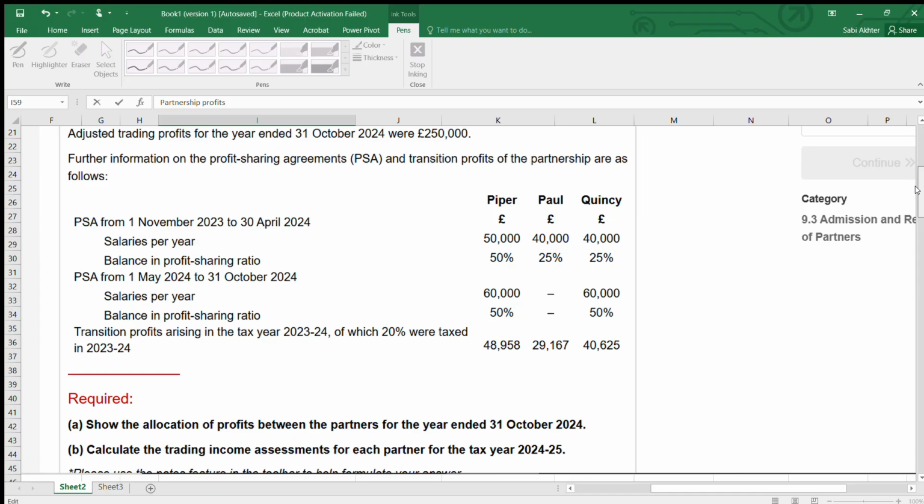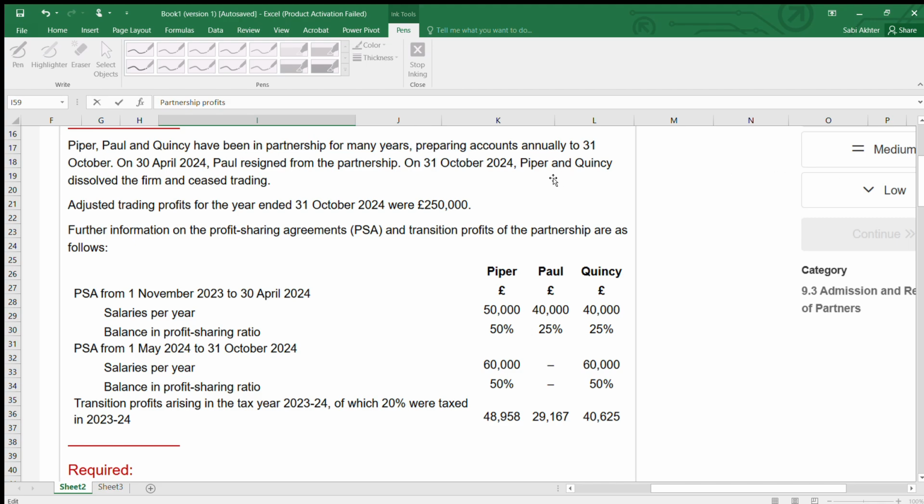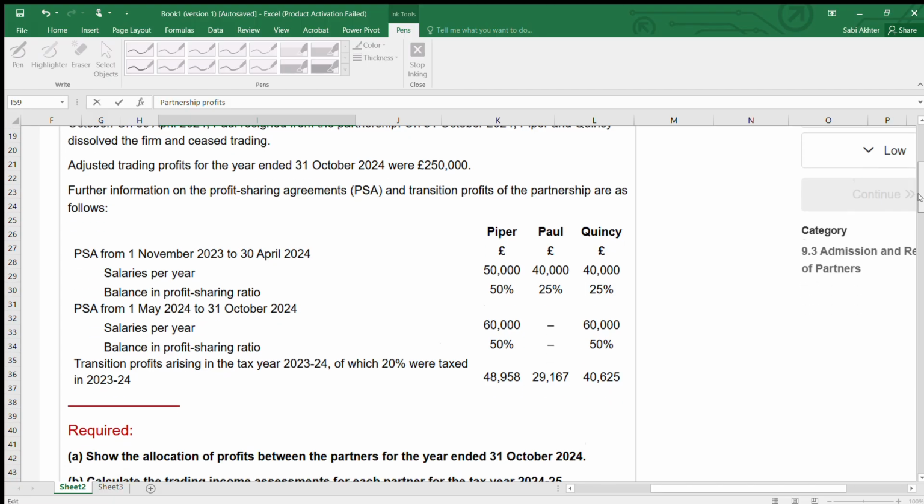If you see here, on 30th April 2024, Paul resigned, and on 31st October 2024, they dissolved the firm and ceased trading. So 31st October 2024 is the date.